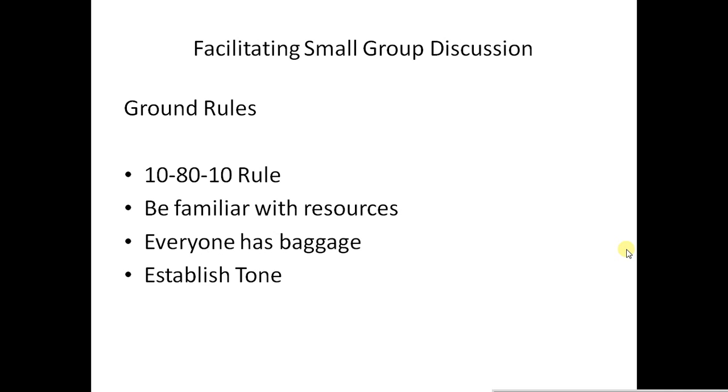Let's talk a little bit about facilitating small group discussions. Now, here are the ground rules. First and foremost is the 10-80-10 rule, which basically means if you take all of your students, 10% of the students that you're going to lead will not like you no matter what you do. They will never develop a personal relationship with you.